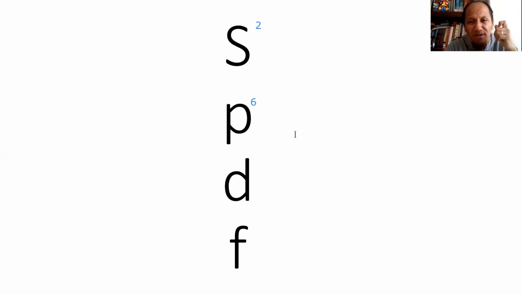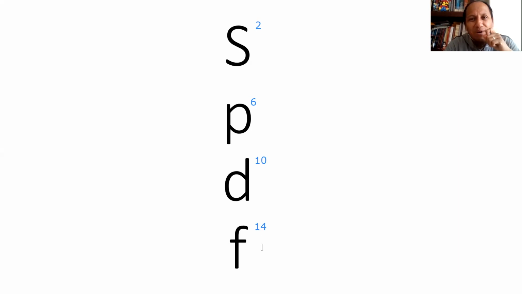P means principal. Now, the D is the diffuse, and it contains 10 electrons in total, 5 pairs of electrons. That's a little bit difficult to explain. I want to show you a graphic later on. And F means fundamental, which is the most difficult to explain in this way, but it contains 14 electrons, and that means 7 pairs of electrons.